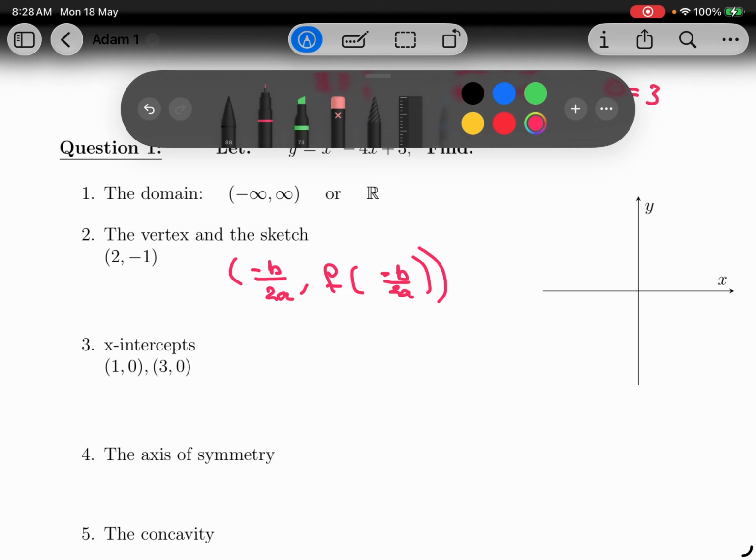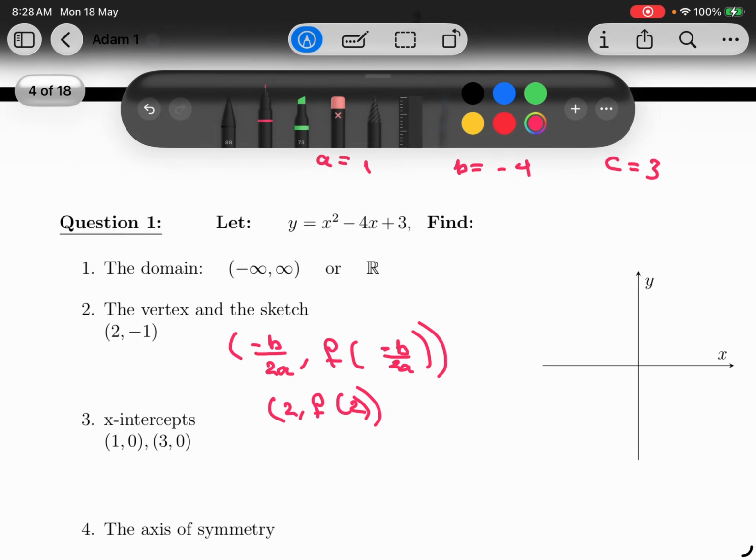You have a and b, it will be 2 and f of what? F of 2. And when you plug in 2 in this function, you can use your mental math or your calculator. So it will be 2 and minus 1. You can give it a try. You can just plug in 2 here, then you will end up with minus 1.